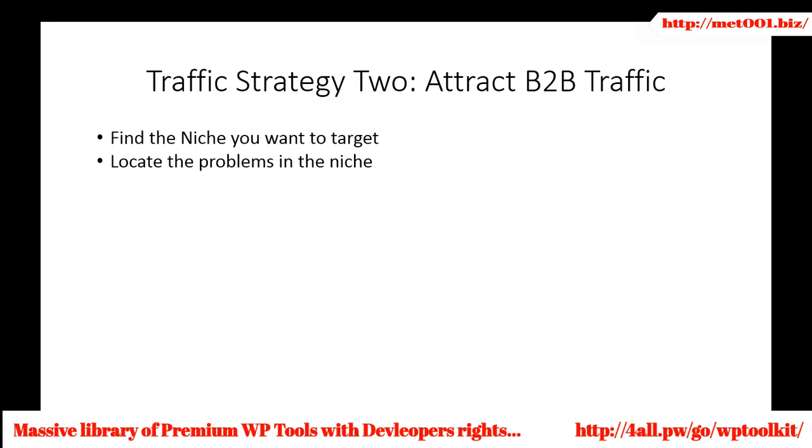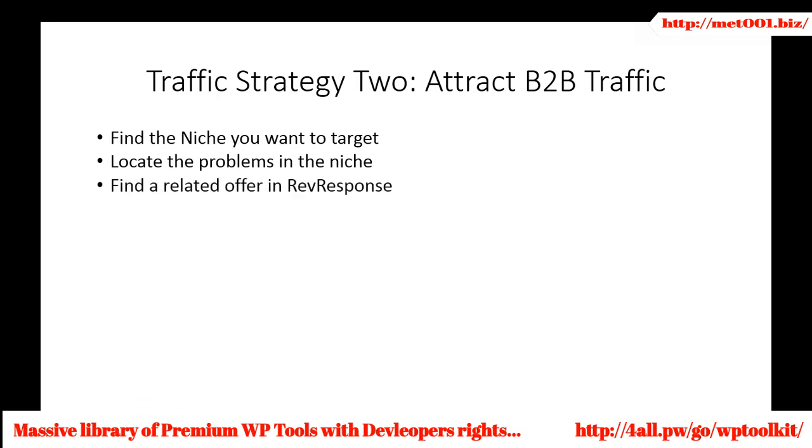Because again, naturally, if they're trying to solve problems in this area, they are going to be looking for all kinds of information, and they're going to go and get as much information as they can, and they're willing to get 2 and 3 different perspectives, which works to your advantage as a B2B content or a B2B CPA marketer.